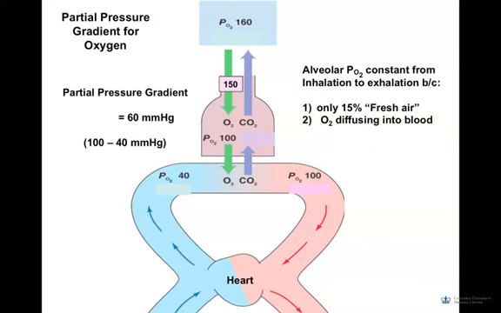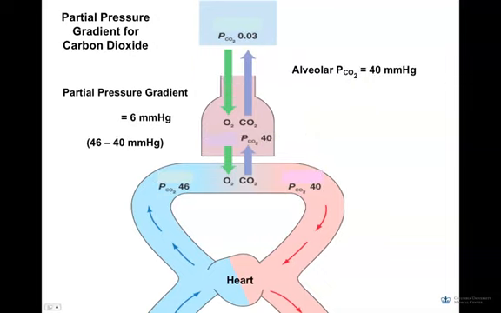So the pulmonary capillary blood is raised from a PO2 of 40 to a PO2 of 100. And a PO2 of 100 represents oxygenated blood going back to the heart through the pulmonary vein. And as you can see, the heart is then passing that blood onto systemic circulation. Okay.